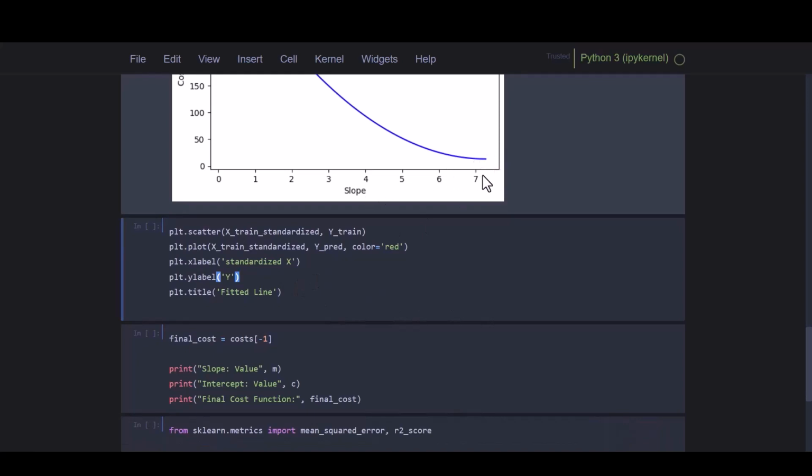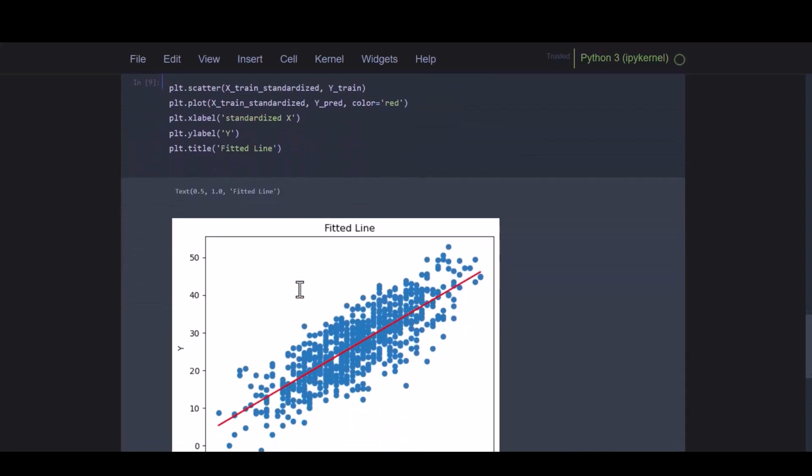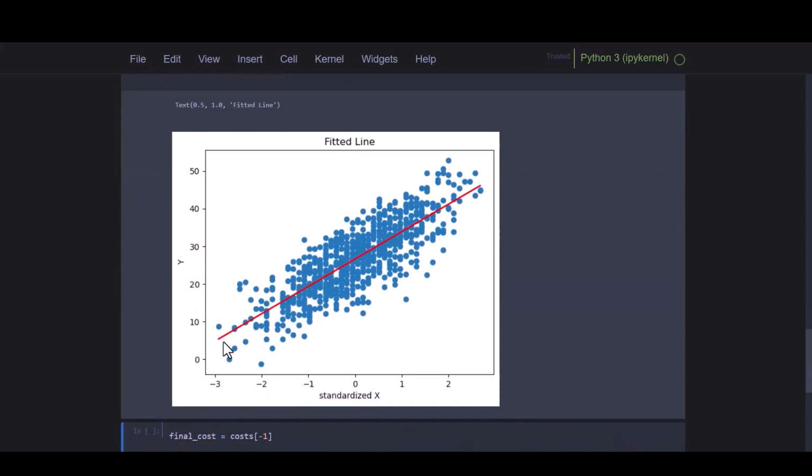That particular value will be noted here, and now we are going to generate the visualization for the best fit line. So here we are able to see this is the best fit line with a particular slope. It passes in the middle of most of the data points, such that it has the best slope and the intercept.